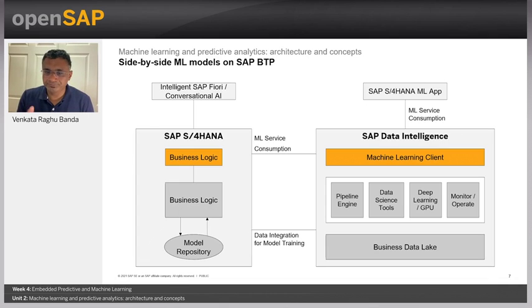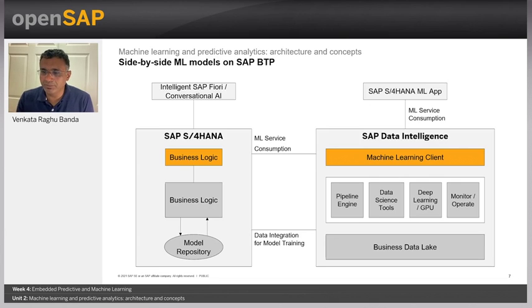On the right-hand side, you have the business data lake, and you have the option of pulling the data from these different data sources. Then you have your pipeline engine, which is used to build the inference pipelines or the training pipelines. Then you have the data science tools, with which you can build your machine learning services.